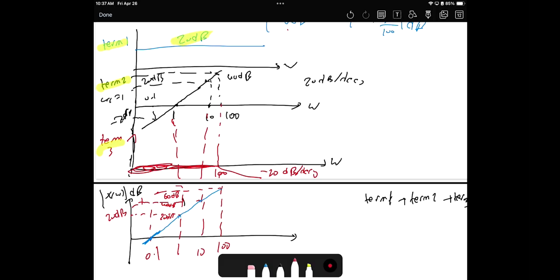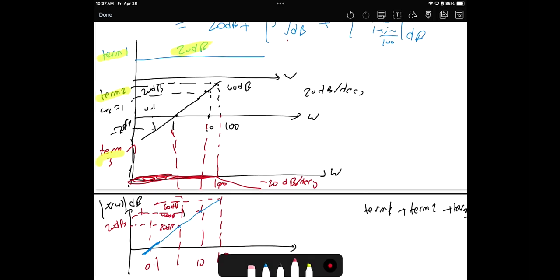Then, at 100, what's happening after 100? This is 20. Here is the slope, negative 20. The slopes are 0, 20, and negative 20. So what will happen to the slope? It will be 0, which will make it constant.